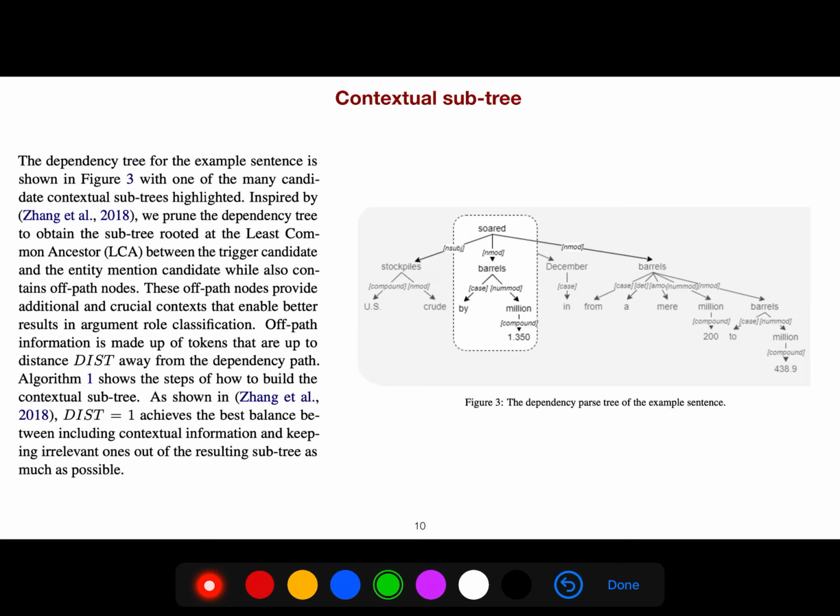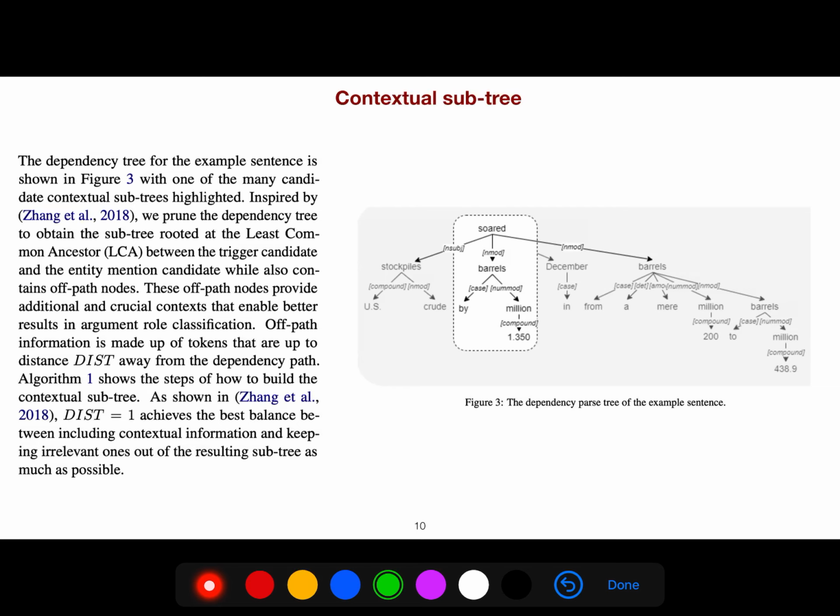For example, here in figure 3, you see one of many candidate contextual subtrees that is highlighted, and we prune the dependency tree to obtain a subtree rooted at the least common ancestor between the trigger candidate and the entity mention candidate, while also containing off-path nodes. These off-path nodes provide additional and crucial context that enable better results in argument role classification.